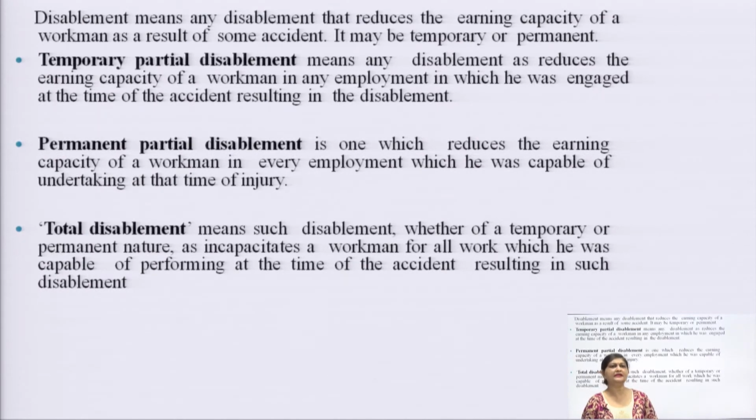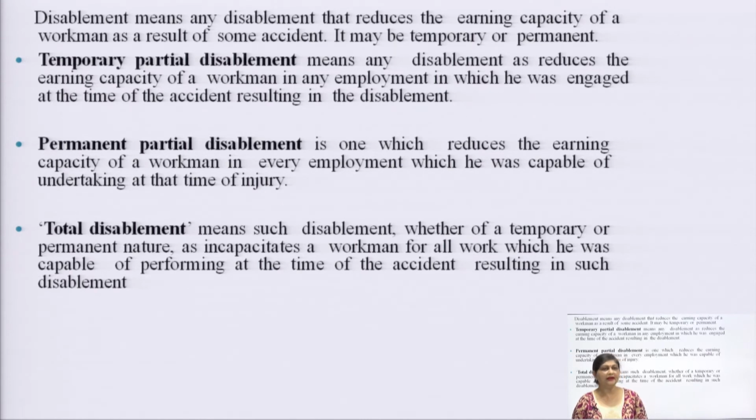Now, disablement means, as we already discussed, any disablement that reduces the earning capacity of a workman as a result of some accident. It may be temporary or permanent. Temporary partial disablement means any disablement which reduces the earning capacity of a workman in any employment in which he was engaged at the time of the accident resulting in the disablement.